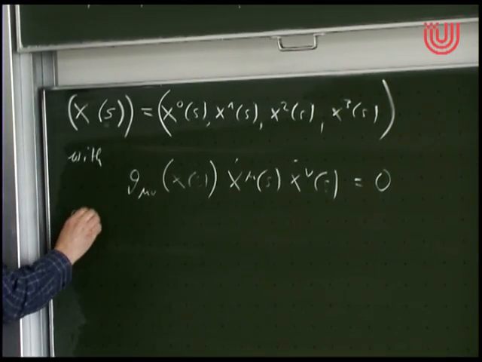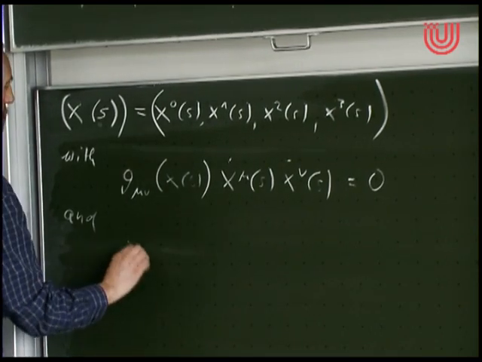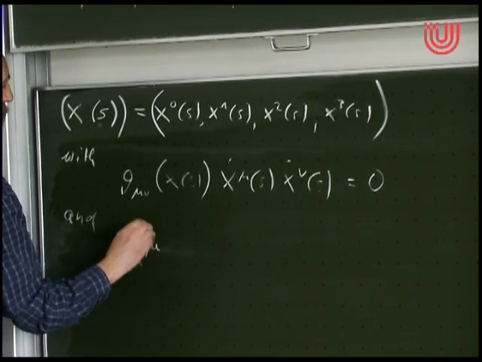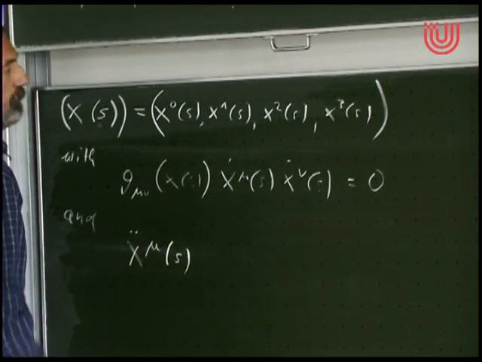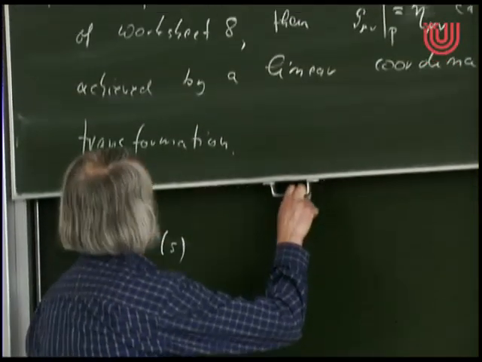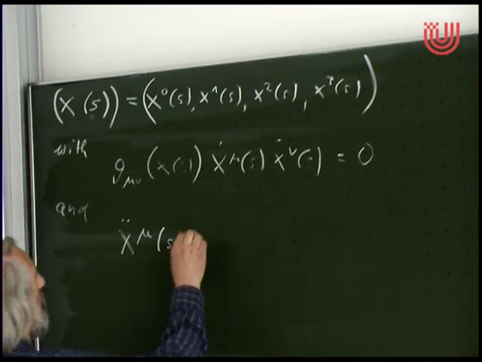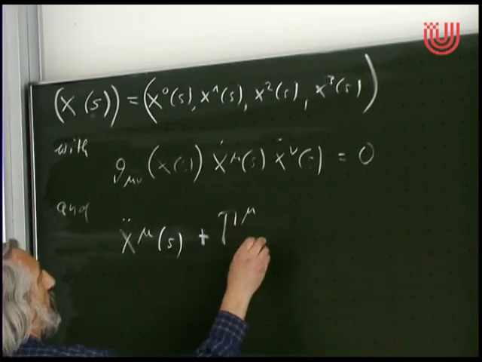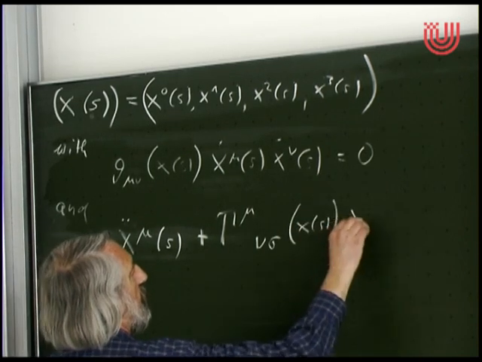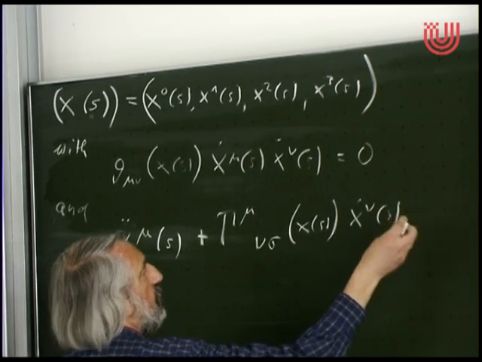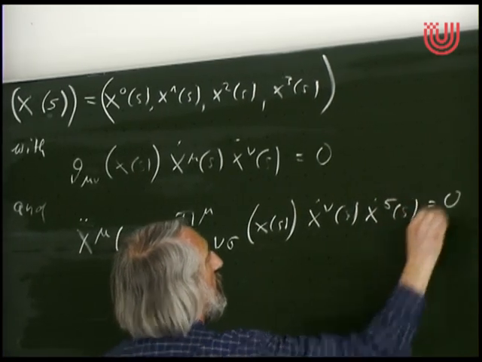And it should be a geodesic. The geodesic equation looks precisely the same as there. So x mu double dot of s, only 2 dots, plus gamma mu nu sigma at x of s, x nu dot of s, x sigma dot of s is 0.